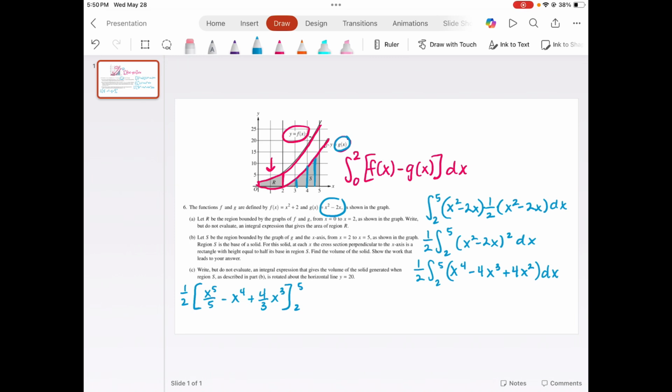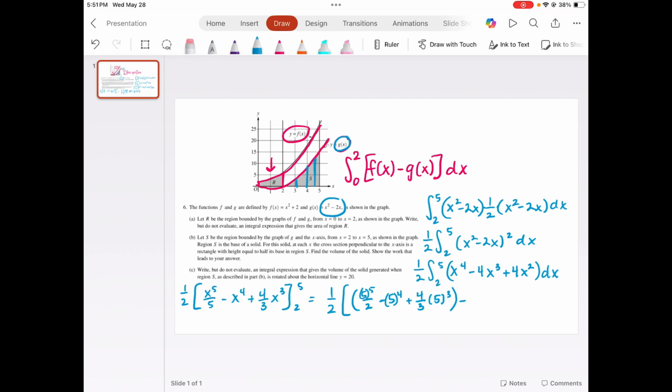So now I'm going to go ahead and plug this in. So I'm going to go ahead and plug in 5. So I'm going to have 1/2 times 5 to the 5th over 5 minus 5 to the 4th plus 4/3 times 5 to the 3rd. I guess I should have put those in parentheses. It doesn't necessarily matter for each of those. And then I'm going to be subtracting.